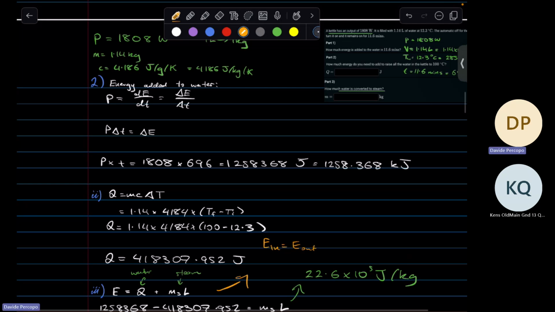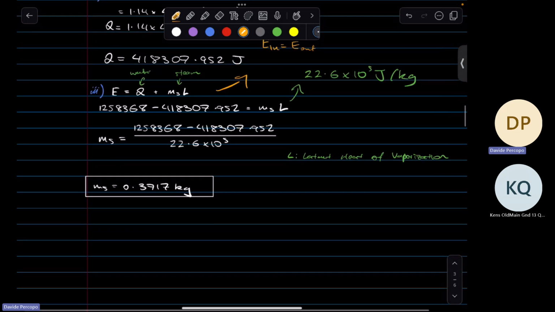Then we say all this energy first goes into heating up the water. Then we found how much energy was put into heating the water. The remaining energy is what goes into turning it into steam. Exactly. Perfect.